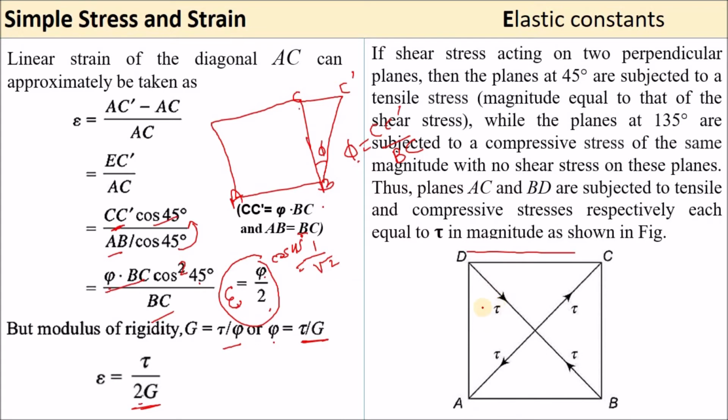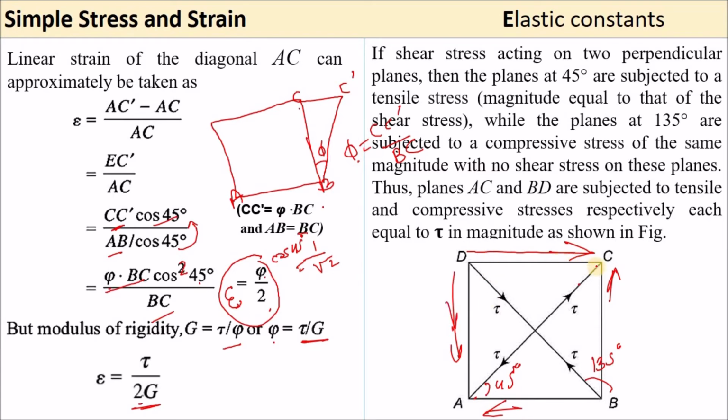Like this, if shear stress acts this way, then on AC there will be tensile force at 45 degree angle, and at 135 degree on this one, that will be compressive, because it is also trying to push inside.